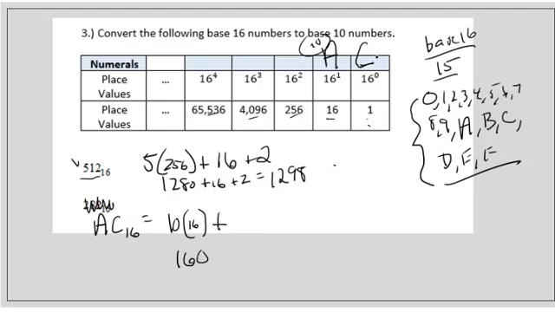Plus, C is 10, 11, 12, so that's 12. 12 ones is 12. So this is 172. I hope that makes sense. You might want to review this a couple times.